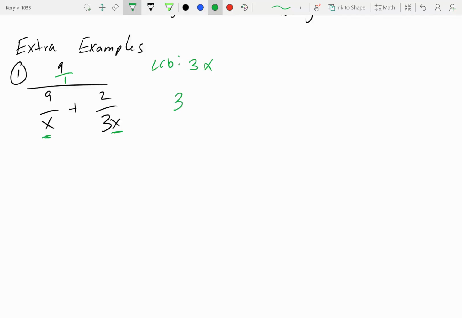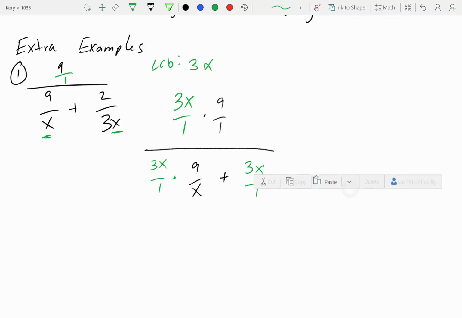So we have 3x over 1 times 9 over 1, and that's all over 3x over 1 times 9 over x. And then we're going to add that to our 3x over 1 times 2 over 3x.